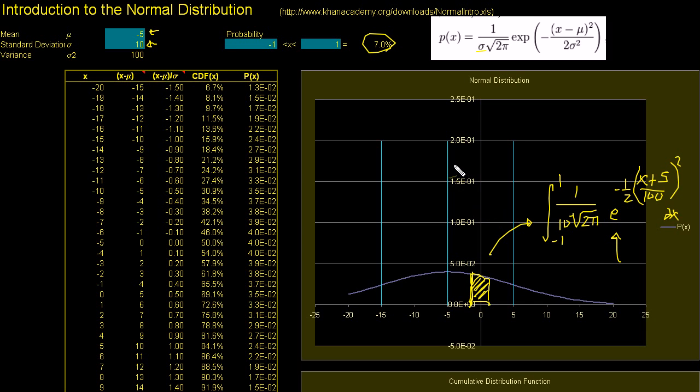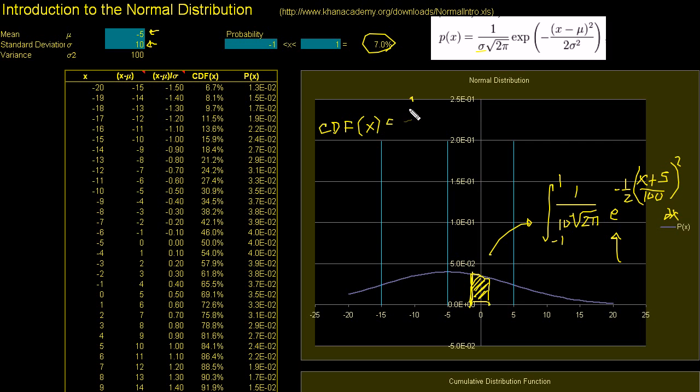So this tends to be done numerically. Not an easy way, but a function has been defined called the cumulative distribution function that is a useful tool for figuring out this area. It's a function of x.